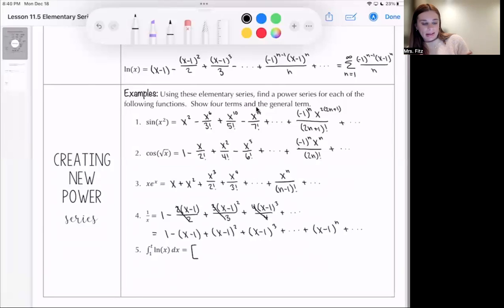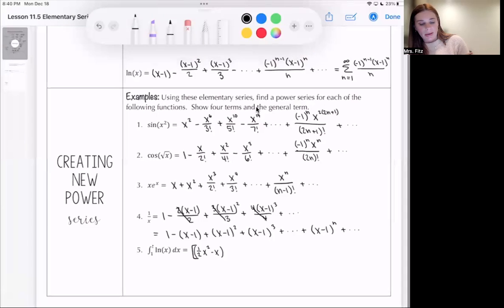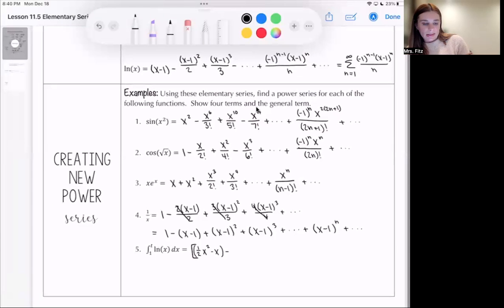Okay, integral of x minus 1 is 1/2 x squared minus x, right? Okay, we'll keep going. Minus the integral of x minus 1 squared over 2.